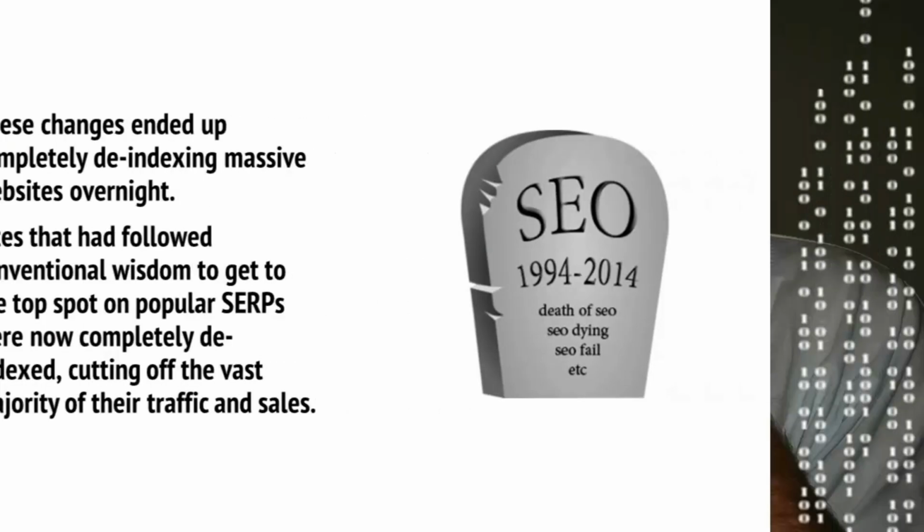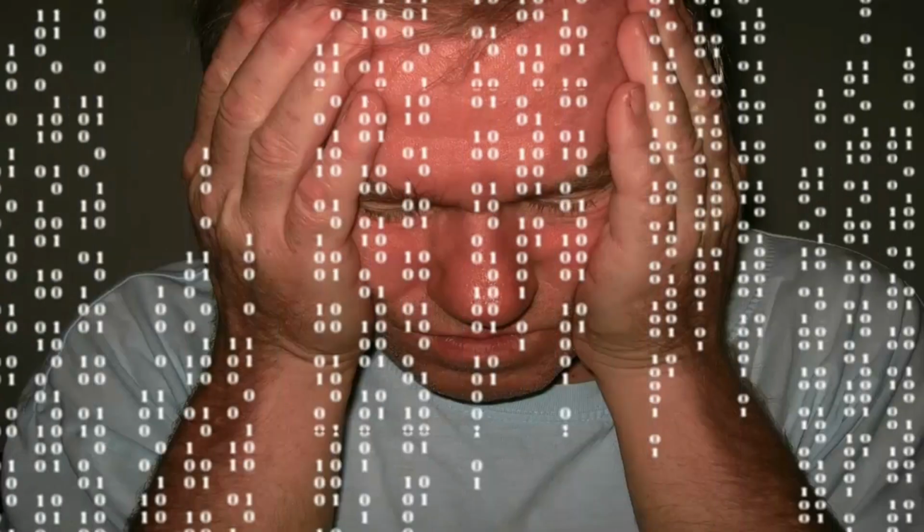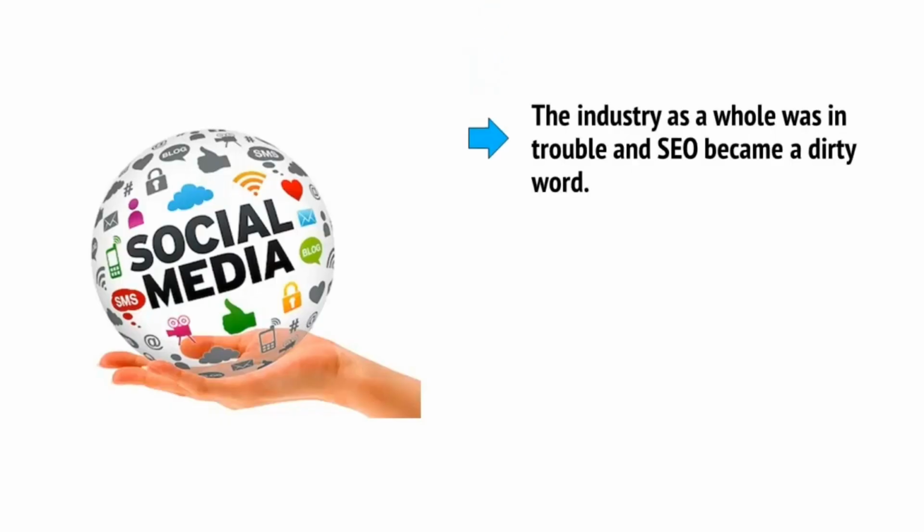This led many to proclaim that SEO was dead, that it was no longer possible to game the system because you would be penalized for buying links or for stuffing keywords. And even if someone could break Google's new algorithm and work out a new way to game the system, it would only be a matter of time until Google changed its algorithms again. The industry as a whole was in trouble and SEO became a dirty word.